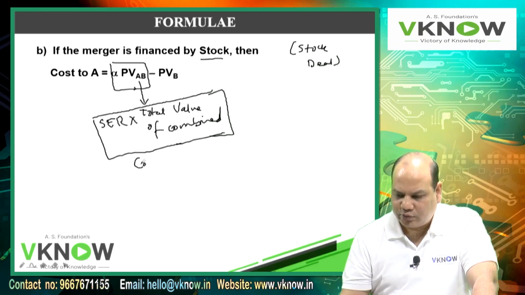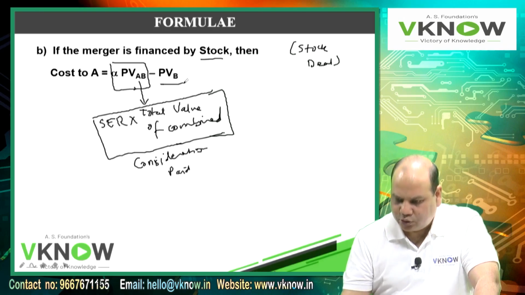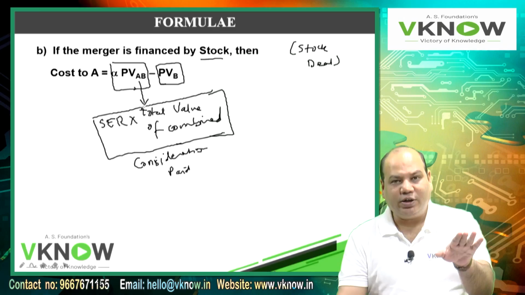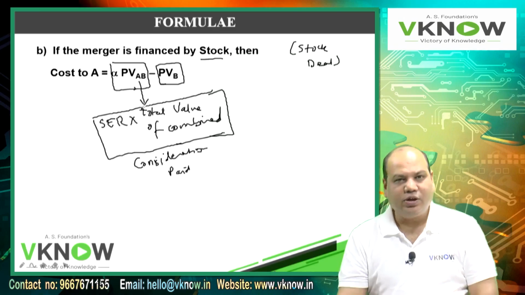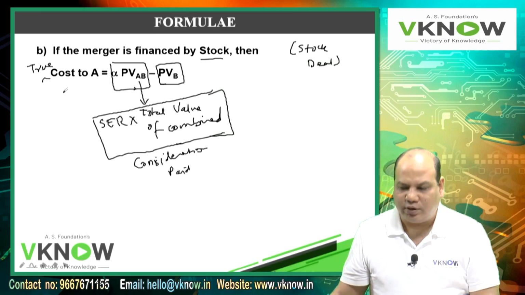So this is what we can call the value of consideration paid. This is what is paid against the value of target company, PVB. The value the target company gets in the merged entity minus their standalone value is the true cost of acquisition to the acquirer.